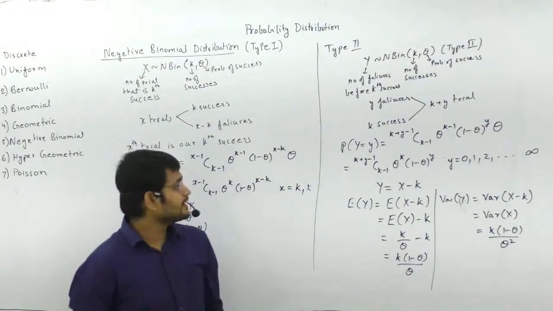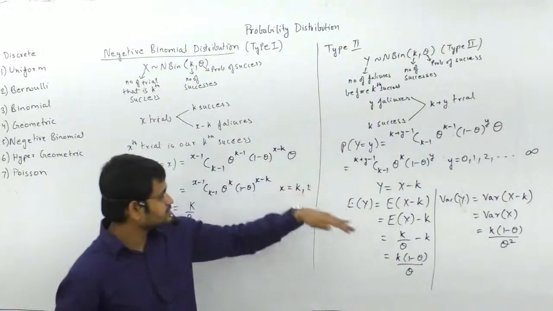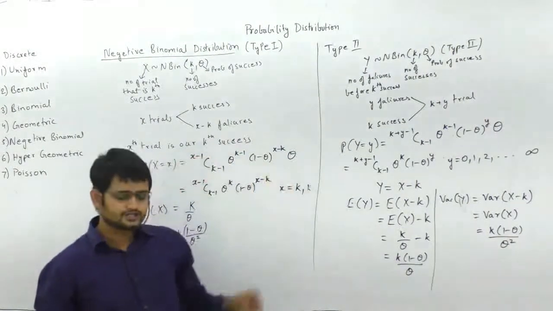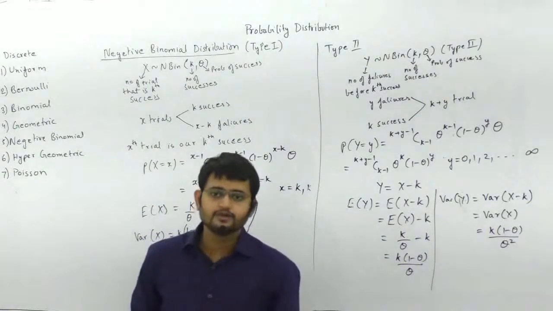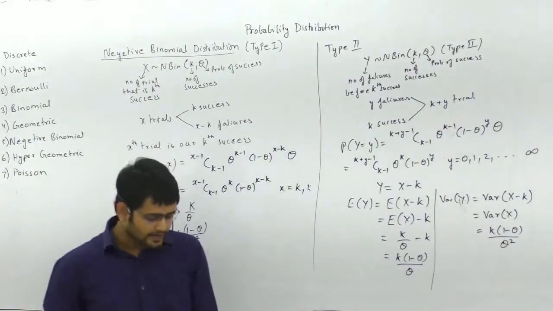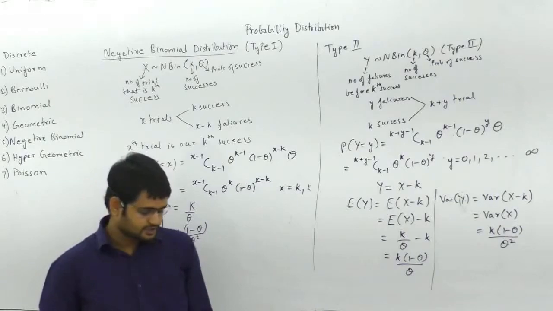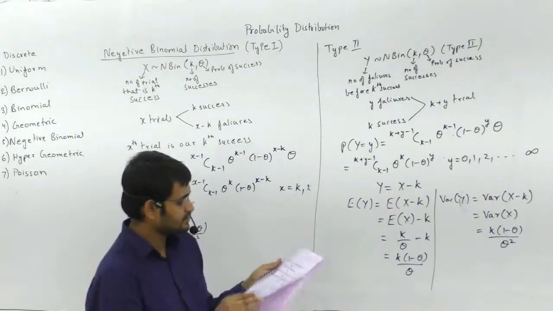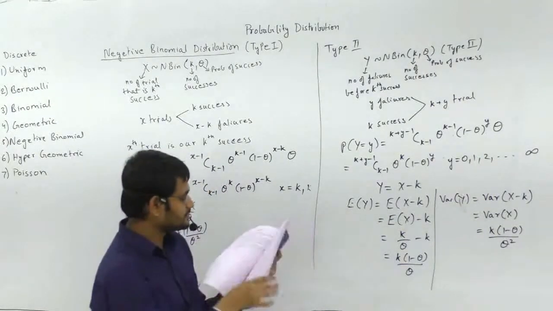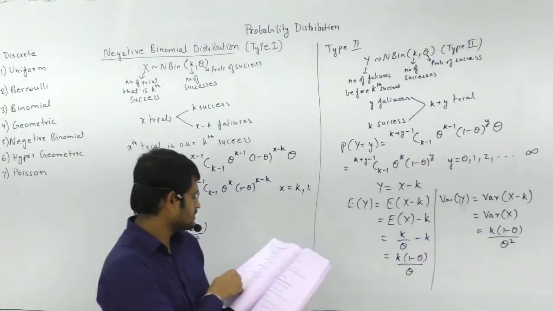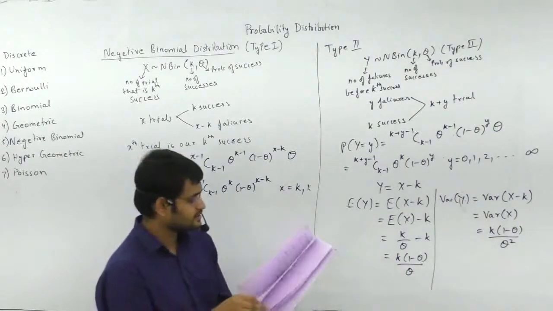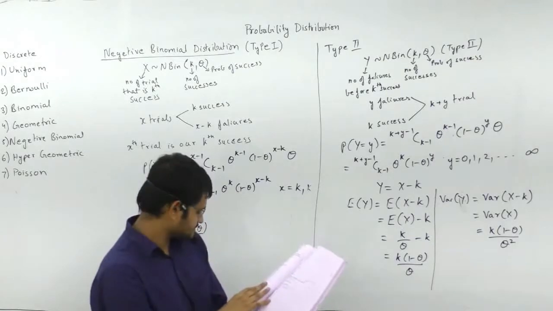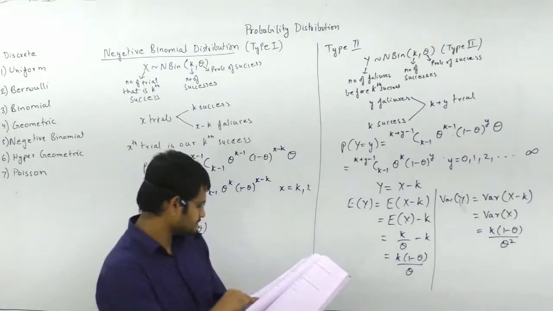Now all of these values, the probability distributions and the expected values of all the distributions, are given in the table formula book that is provided to you in your examination. In the first section of this formula book, from page number 6 we have different distributions.